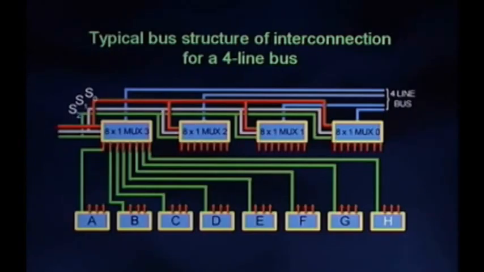The size of each multiplexer is n by 1 with p control signals for each multiplexer such that n is equal to 2 raised to the power of p. If the data in register A is to be transferred to register B, the register transfer statements A to bus and bus to B are used, or sometimes combined and written as A to B, implying the presence of a bus structure.